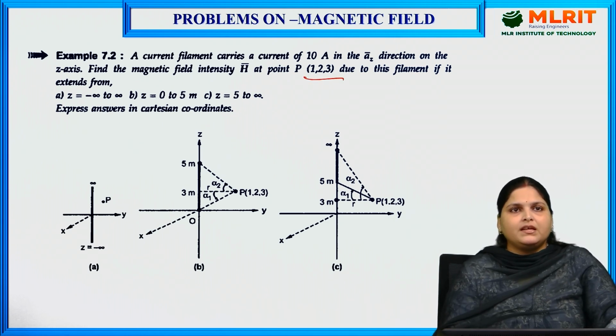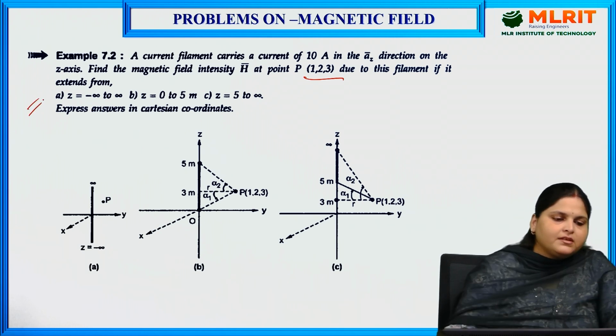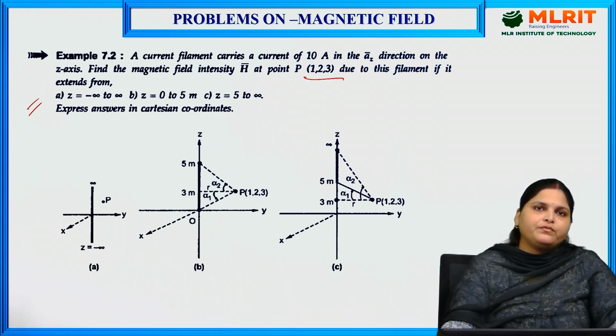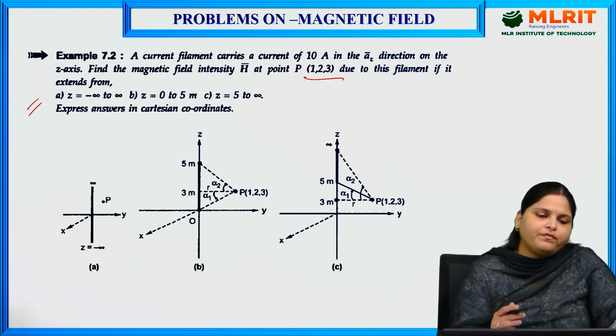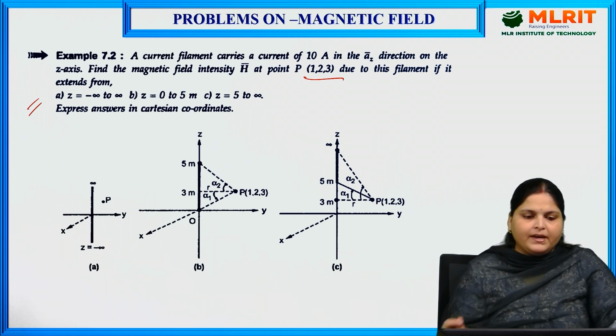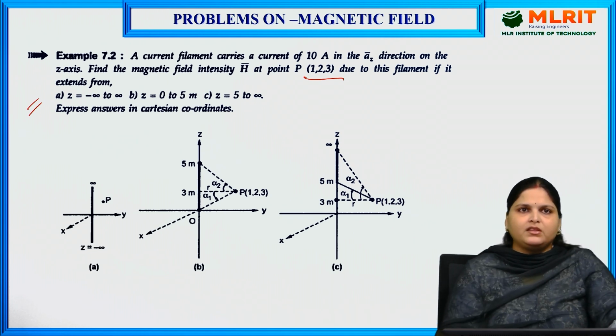The first case is given as it is extending from z equals minus infinity to plus infinity. The second case is given as when it is extending from 0 to 5 centimeter, meaning in the positive z direction. And the third case is given as it is extending from 5 to infinity, again in the positive z direction.